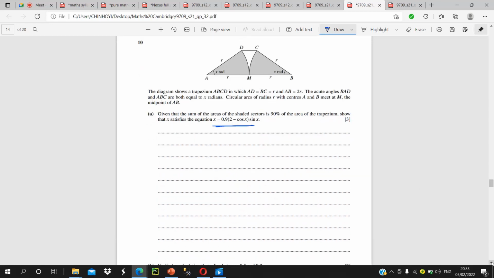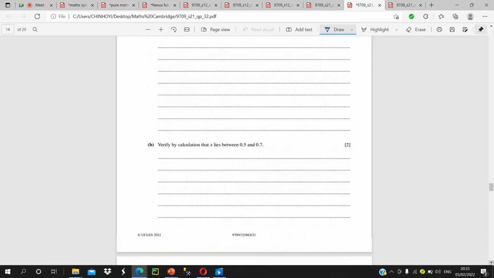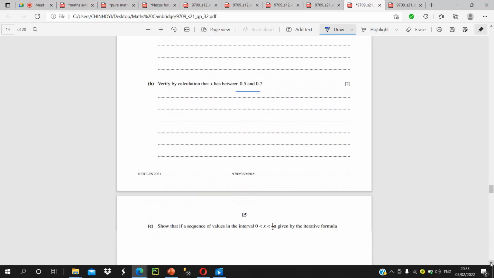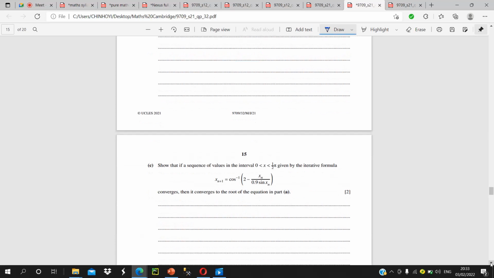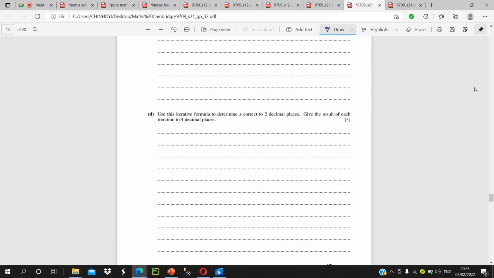So part A is another topic on its own, but they are now saying verify by calculation that x lies between these values. So we are using calculation, and also seeing if the sequence converges to this root with this iterative formula. After that we are going to use this iterative formula.